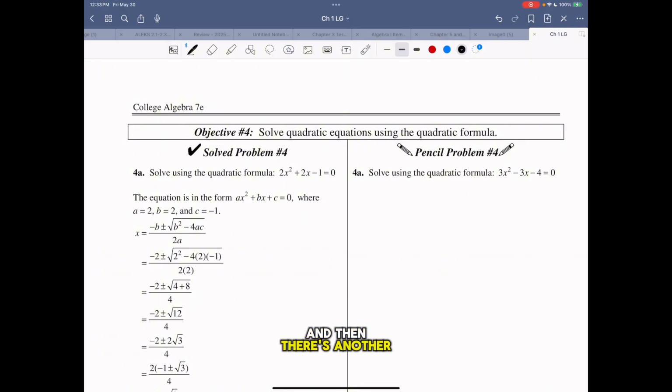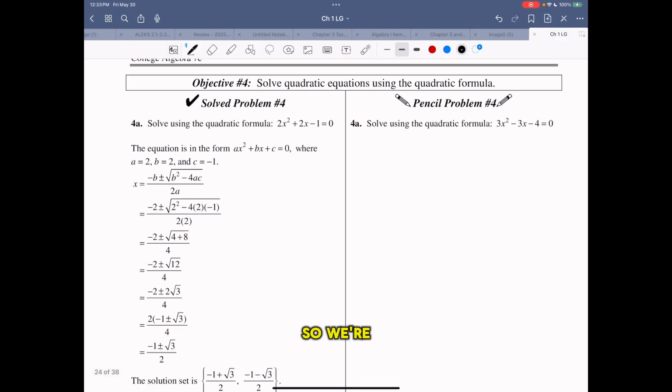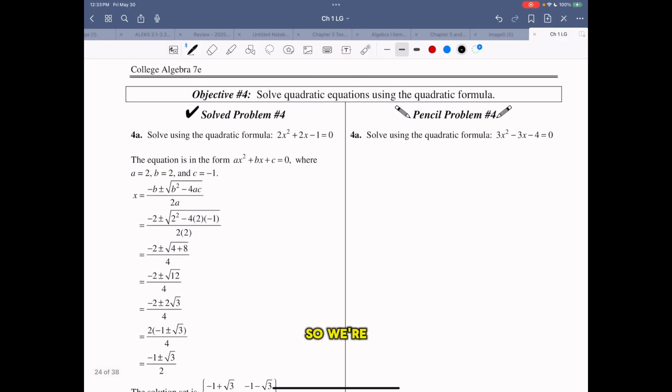And then there's another way of factoring called the quadratic formula. So when something's not easily factorable, we use the quadratic formula. So we're talking about a quadratic equation that is in standard form.